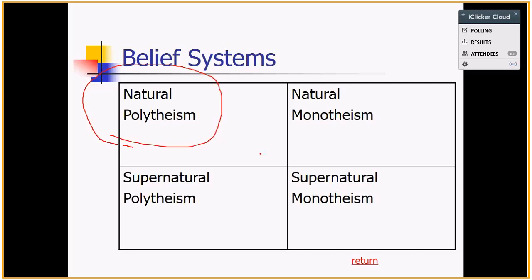Many gods that are part of nature. On the other hand, the Europeans practice a religious belief that falls into the category of supernatural monotheism. Mono meaning one God, and supernatural meaning that this one God exists above and beyond human perception.